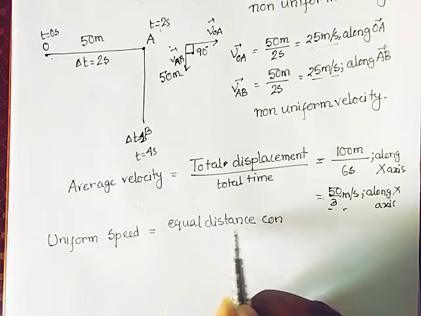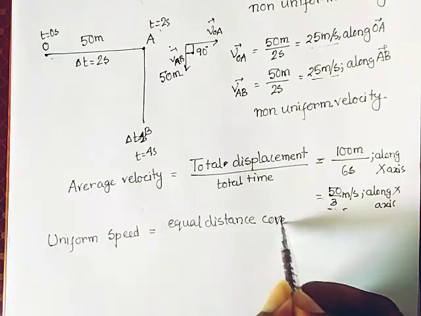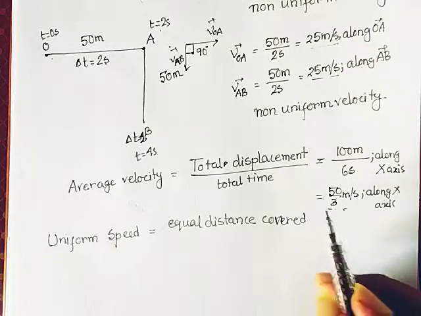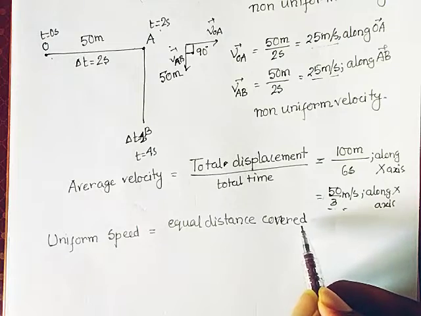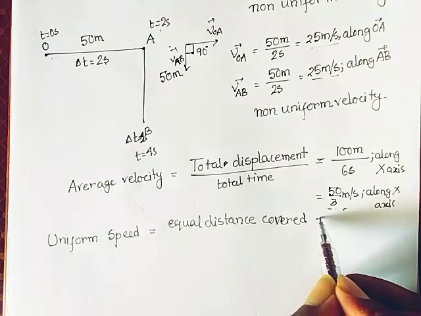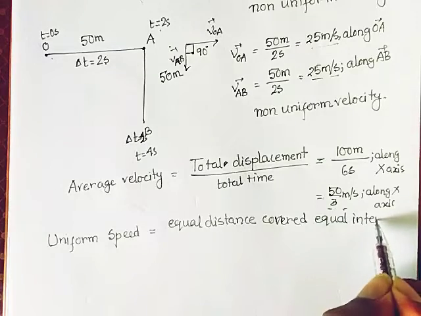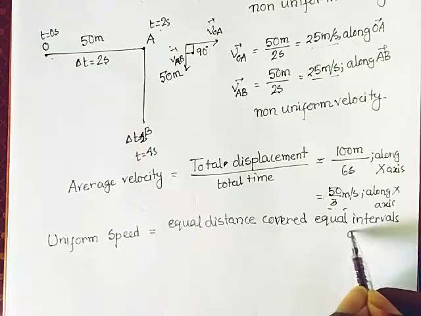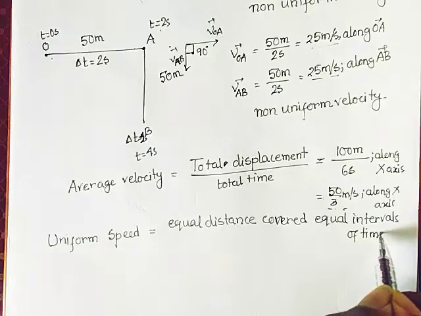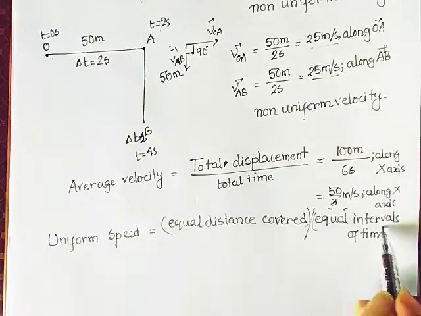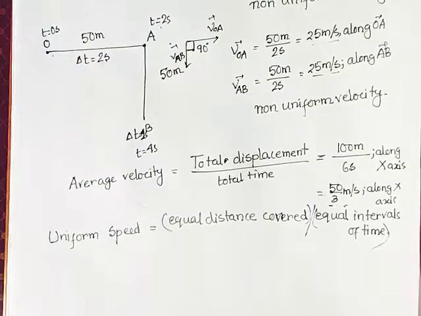Now it is not a displacement, it is a distance. If the particle continuously changes direction while moving from one place to another, it is allowed. Equal distance covered in equal interval of time, that is the uniform speed.